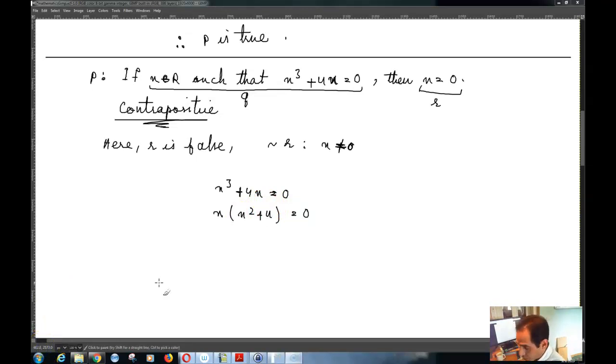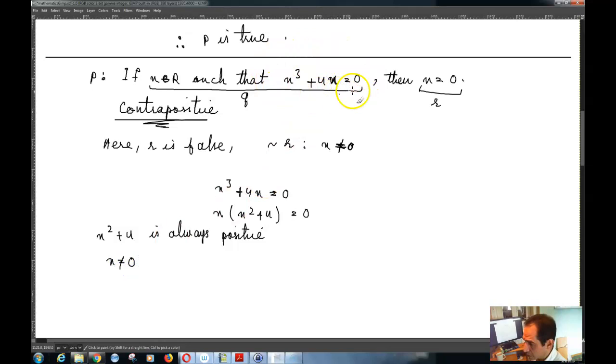Actually, it's a very interesting way of proving this. So what they have argued is that here it can be seen that x squared plus 4 is always positive. And of course it makes sense, because whatever the value of x is, x squared plus 4 is always going to be positive. And here we assume that x is not equal to 0.